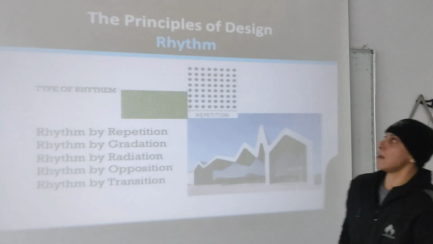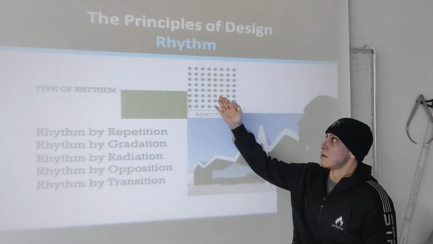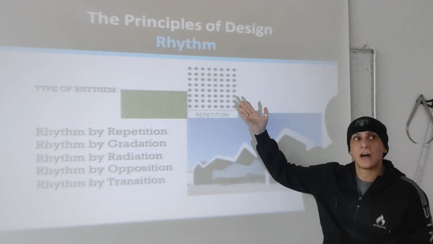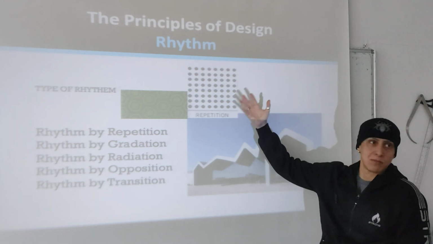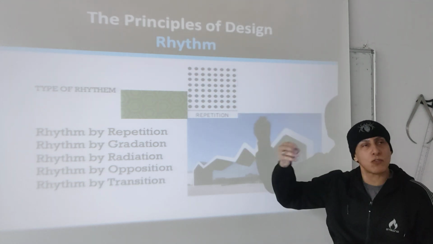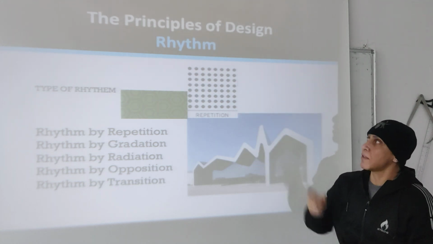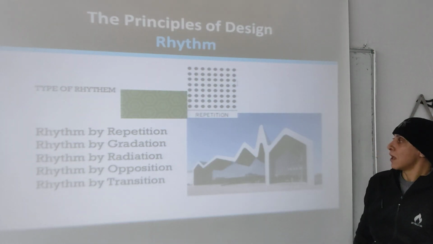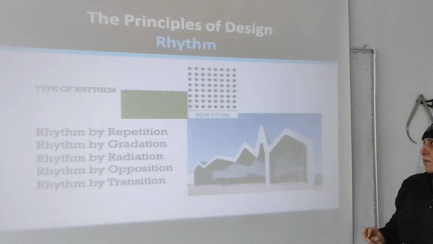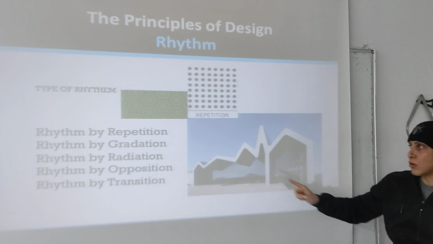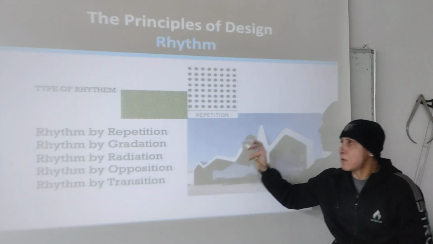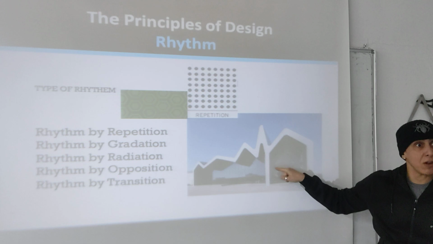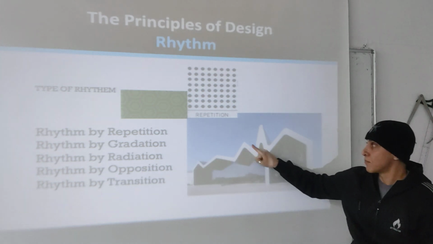So we have a rhythm. Maybe it's a boring kind of rhythm because it's the same thing repeated, but this composition has a rhythm, this composition has a rhythm, and this also has a rhythm. Now here, we don't see one thing repeated the same. But there is a rhythm if you look at this line.